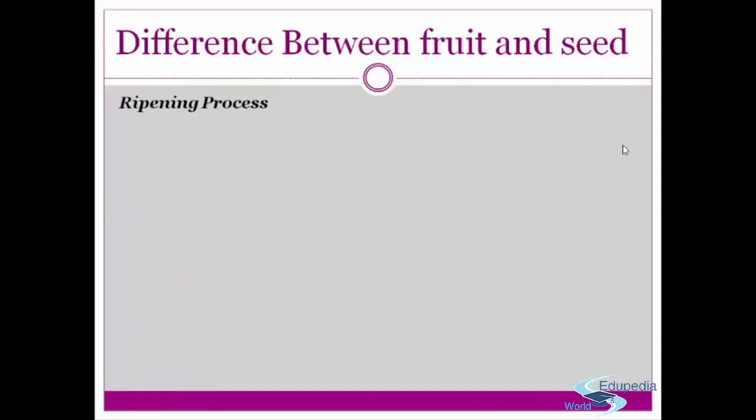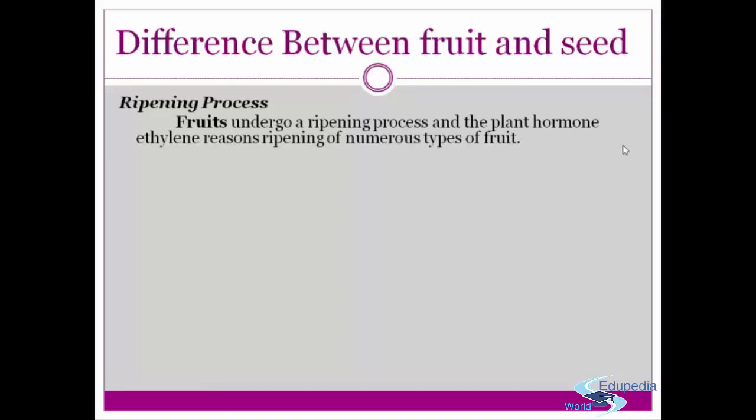Difference between fruit and seeds in terms of ripening process. Fruits undergo a ripening process, and plant hormones cause ripening of numerous types of fruit. Seeds do not undergo a ripening process.